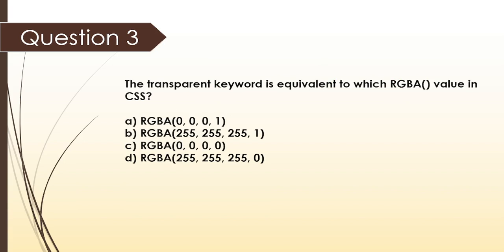So here is RGBA for transparent. If you want a transparent text, then you should use values like RGBA(0,0,0,0), meaning all the values are 0 here. We have already discussed this in detail.